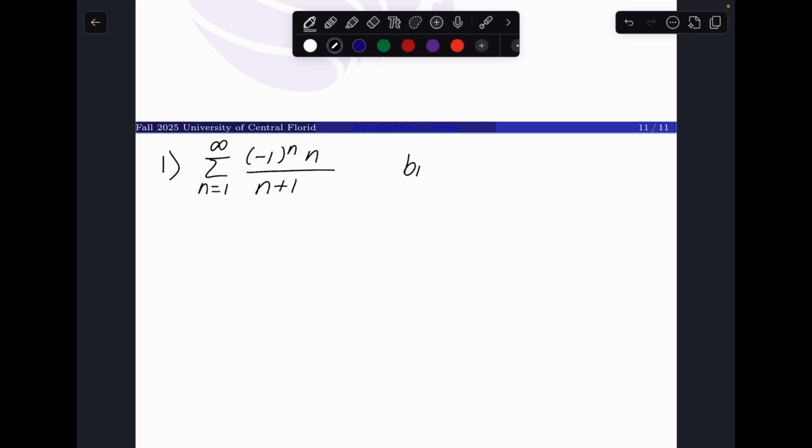So we might take note that our b sub n's are going to be n over n plus 1. And so we might check, are the b sub n's decreasing? Is the limit as n goes to infinity of b sub n equal to 0? And you might notice that if we check the limit as n goes to infinity of our b sub n's, we get 1, which means that the alternating series test is inconclusive.